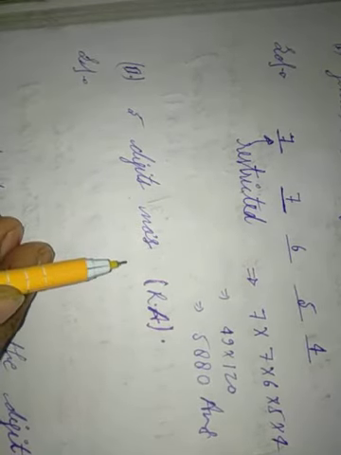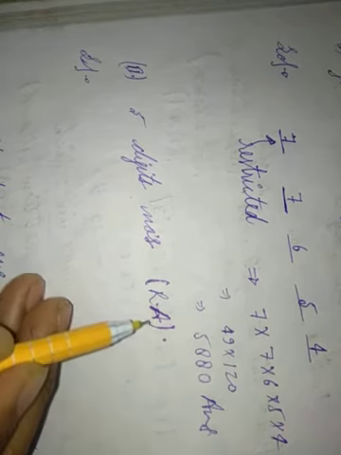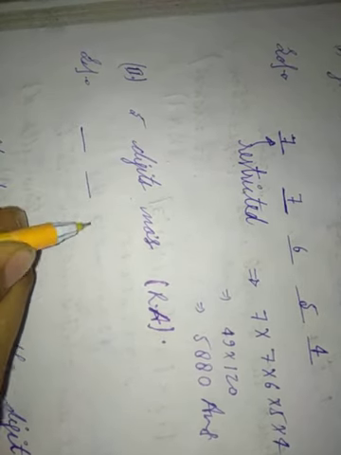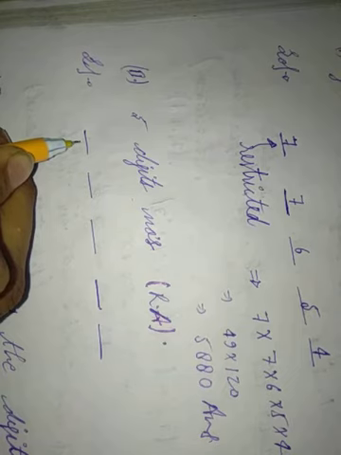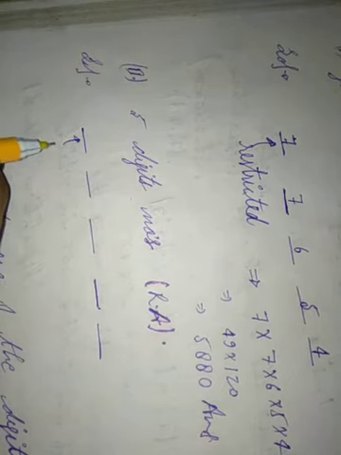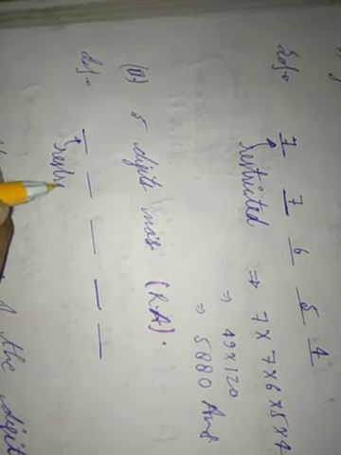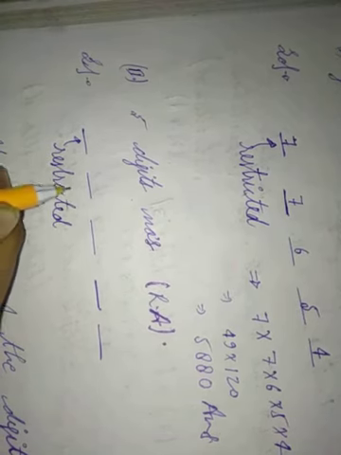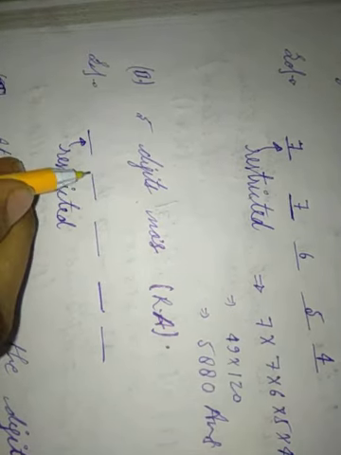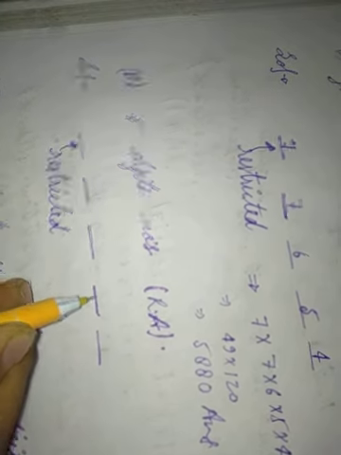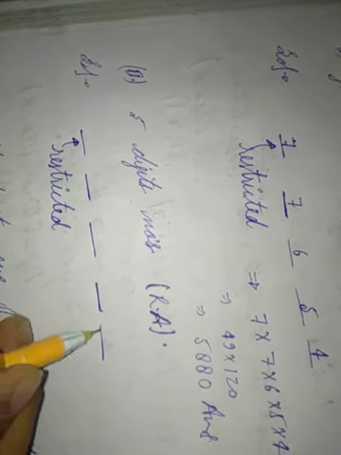And then in the second part we have to find 5-digit numbers in which repetition is allowed. In this case we make 5 boxes. In this case also the first box is restricted because we can't fill 0 in the first box, because if you fill 0 in the first box then it does not make a 5-digit number.